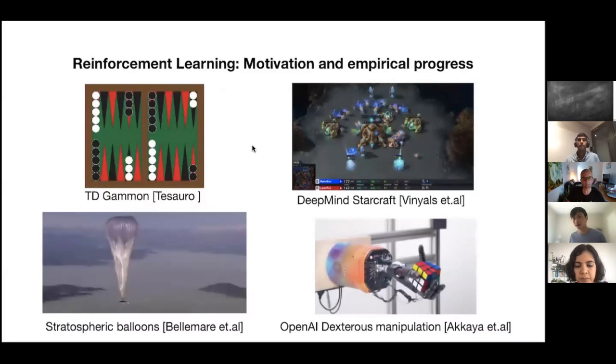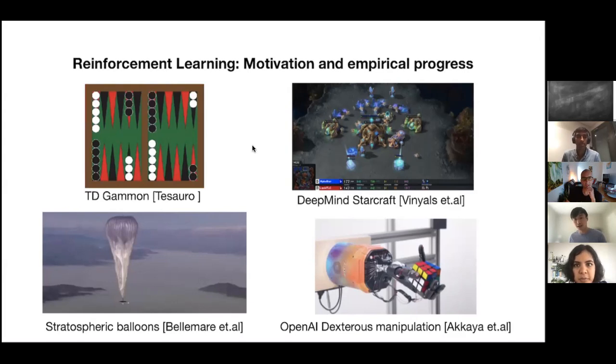I want to start from the practical motivation. Reinforcement learning actually has a long history. About 30 years ago, researchers were using reinforcement learning techniques to solve board games. TD-Gammon is one great example. And recently, people have been using techniques from deep learning and reinforcement learning together to solve an extremely complicated video game, StarCraft.